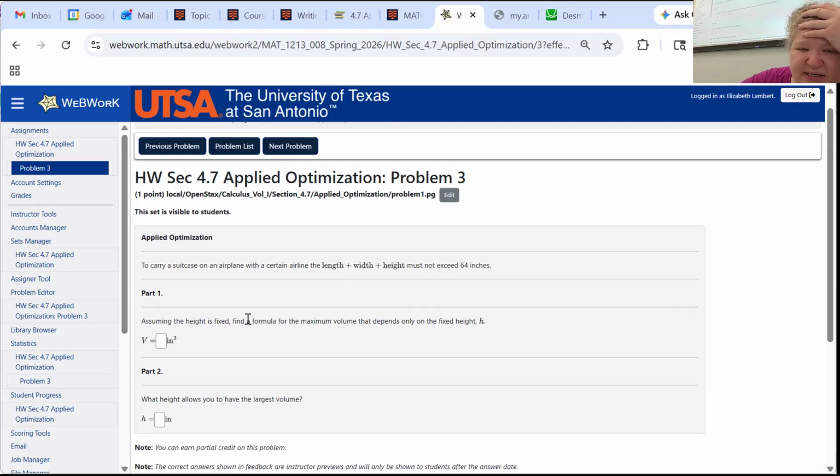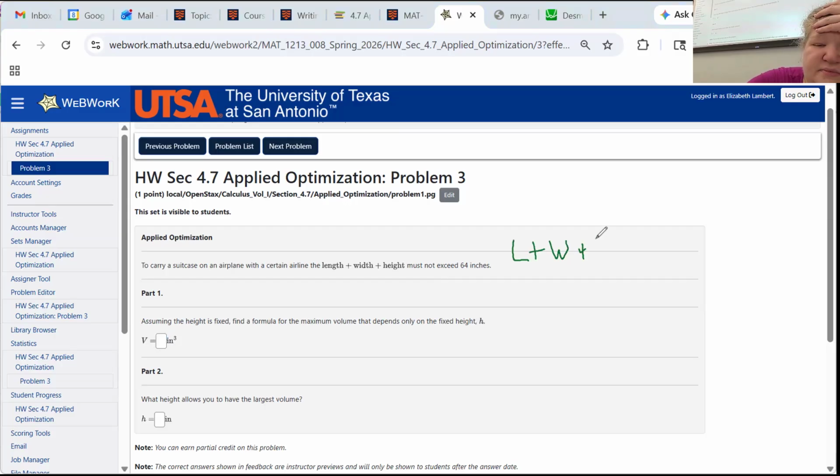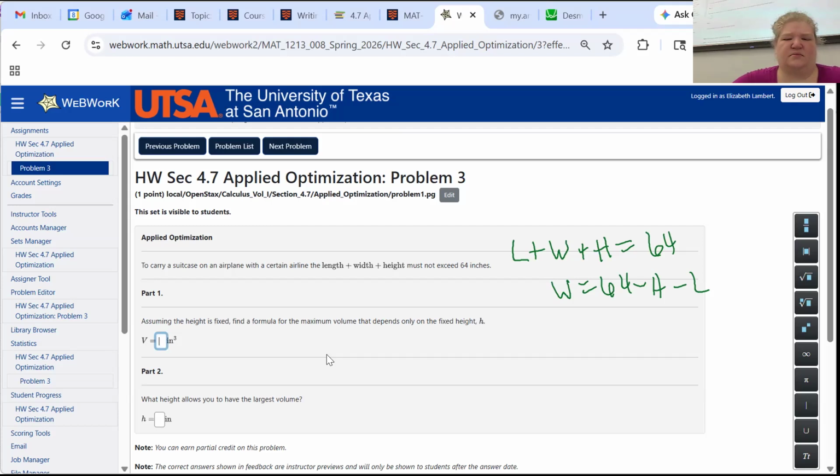And they tell us, assuming the height is fixed, find a formula for the maximum value that depends only on the fixed height h. This is bizarre.